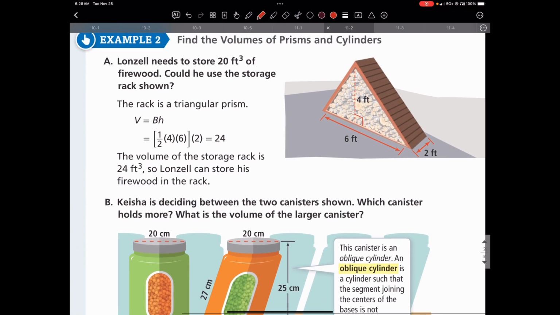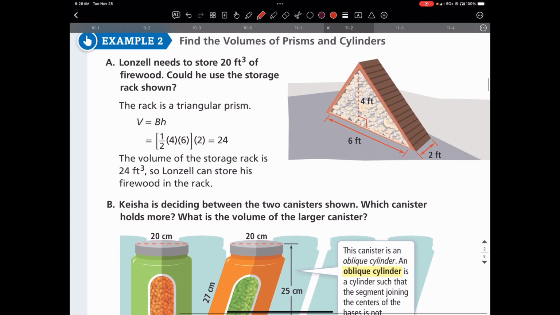All right. Find the volumes of prisms and cylinders. Lenzel needs to store 20 cubic feet of firewood. Could he use the storage rack shown? All right. So now we have a triangular prism, right? This has the same thing as base times height, capital B times height.